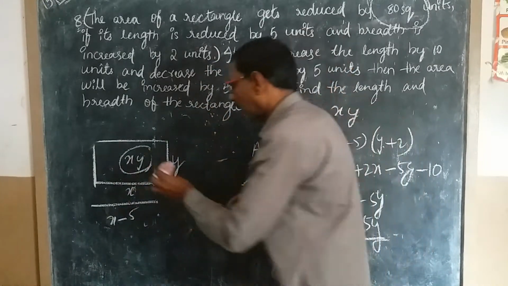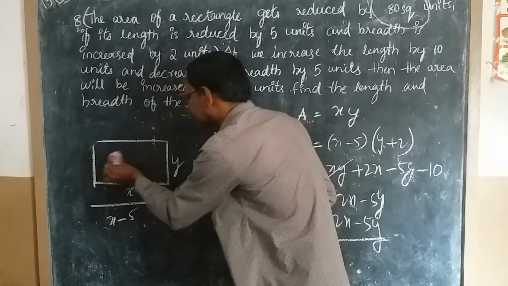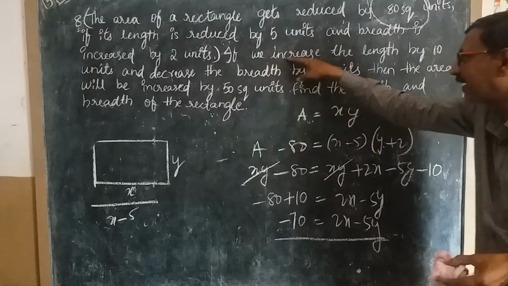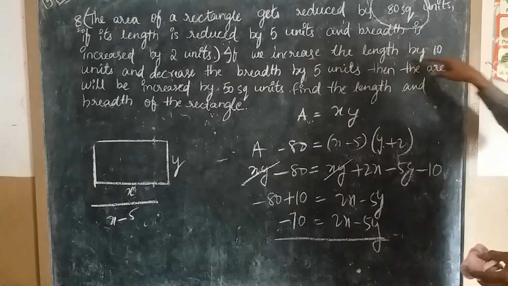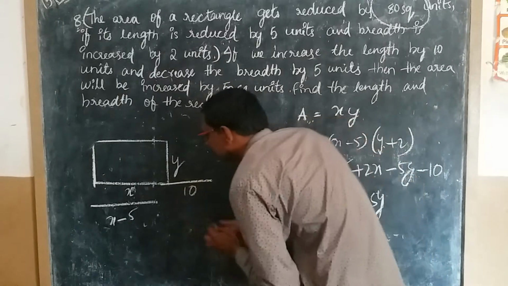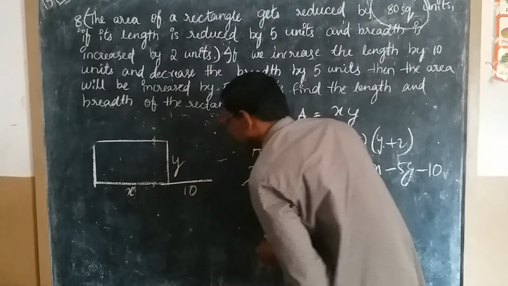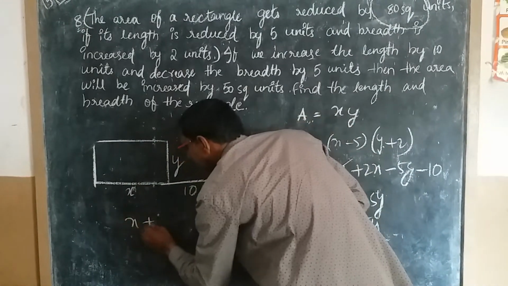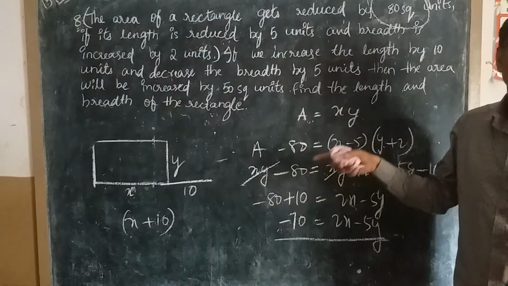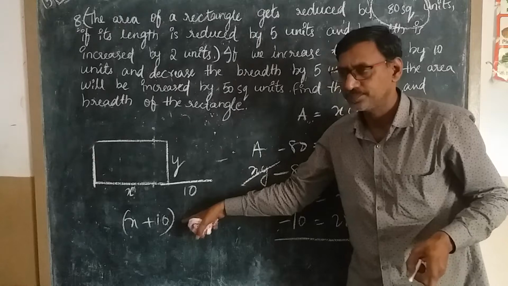Now we are coming to the second statement from here. If we increase the length by 10 units, length is increased by 10 units. How much? x plus 10. Now my length is x plus 10.